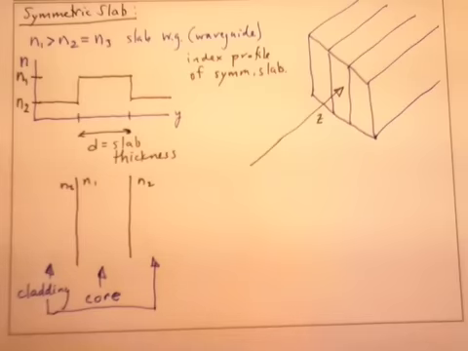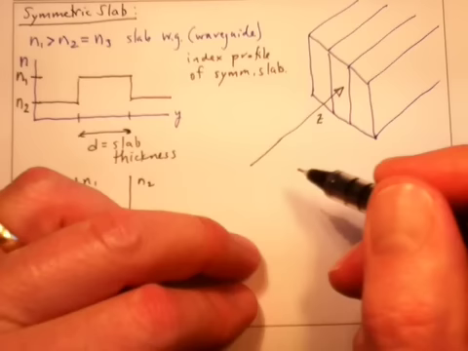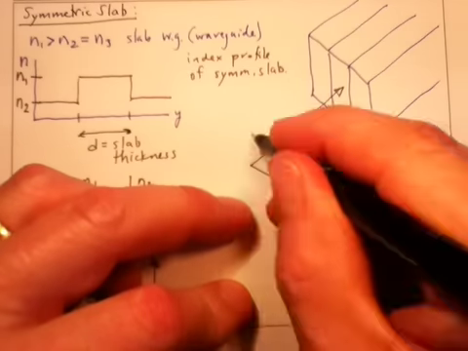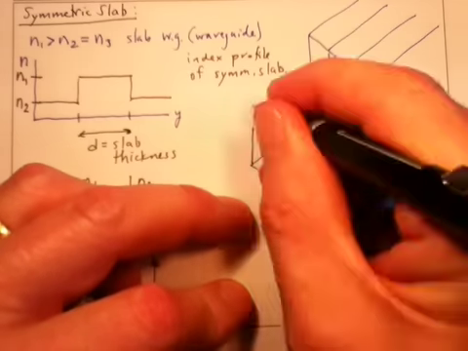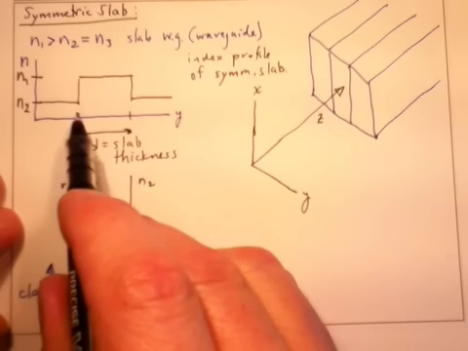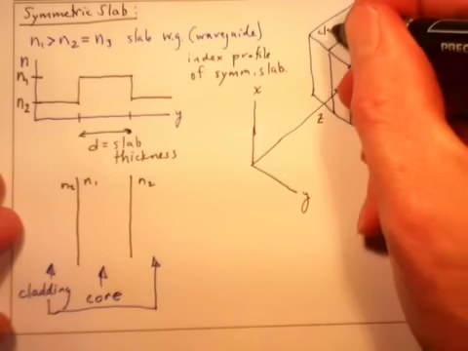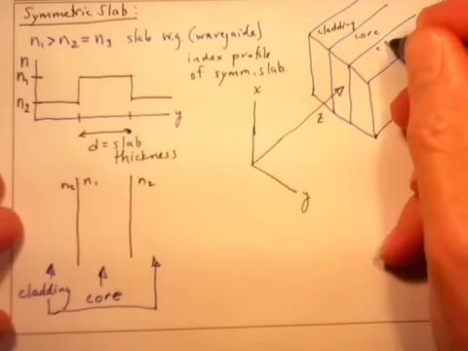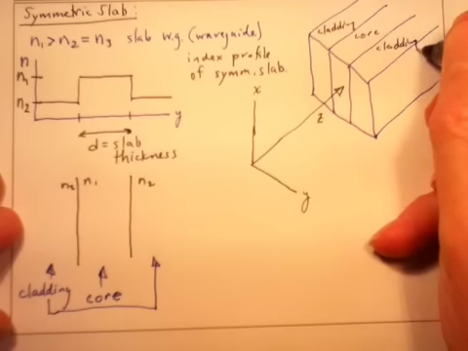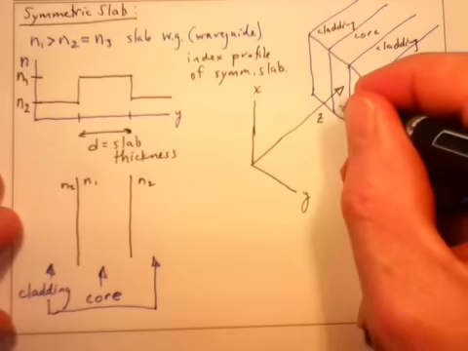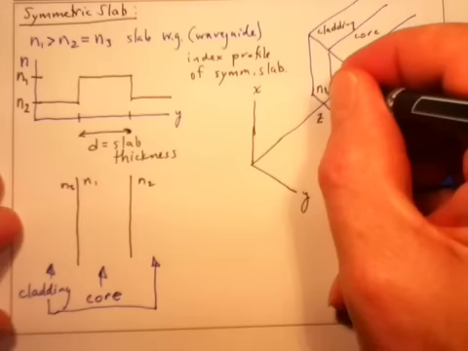Okay, and this is the y-axis, because that's the one transverse that slices through the slab. So here's the cladding, here's the core, and here's the cladding. So this is N2, N1, and N2. Okay?